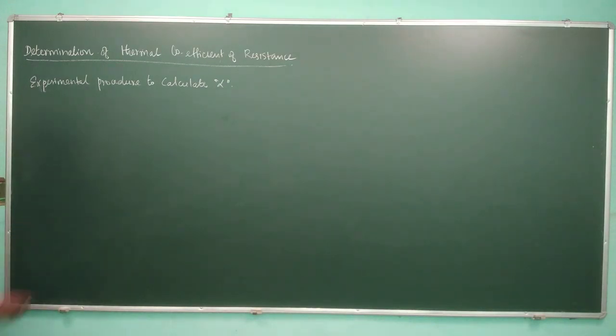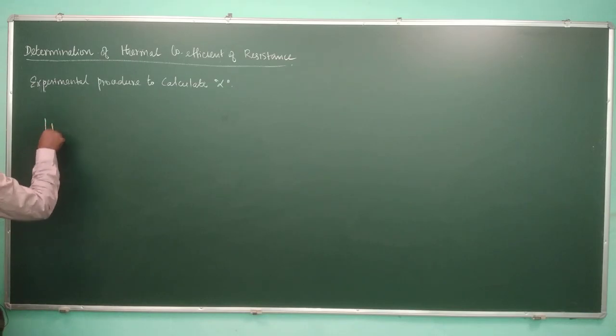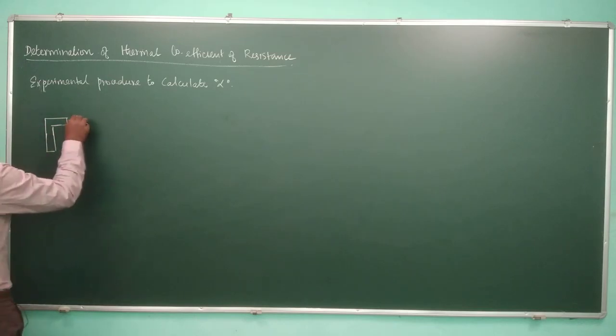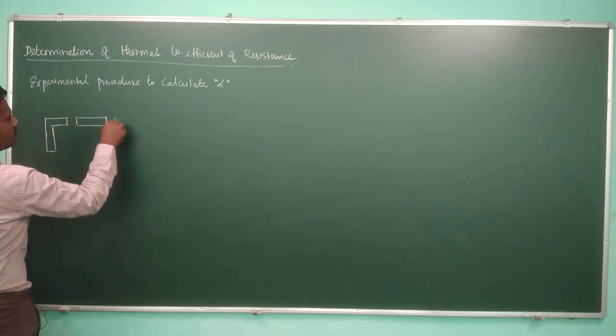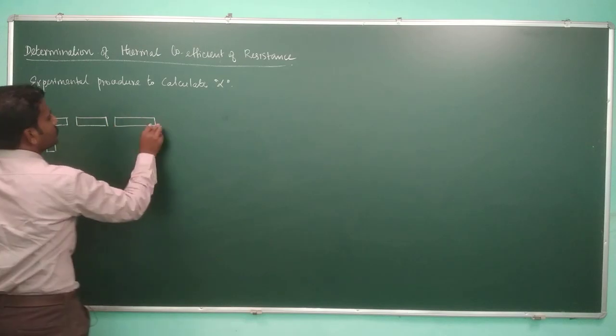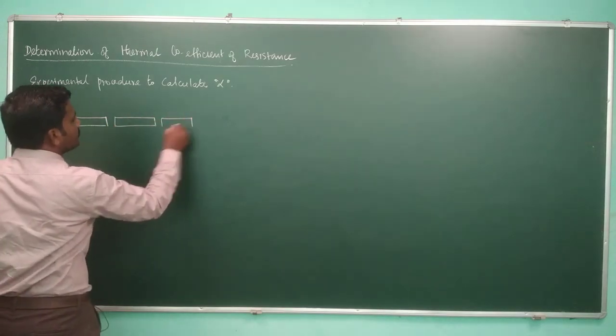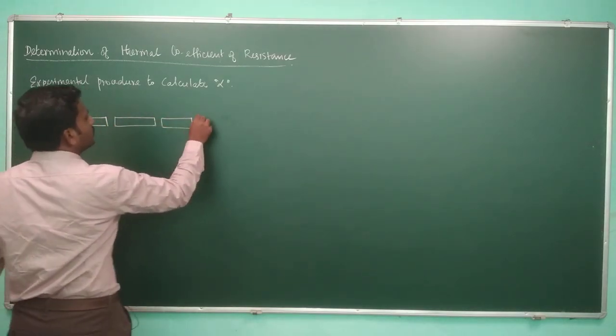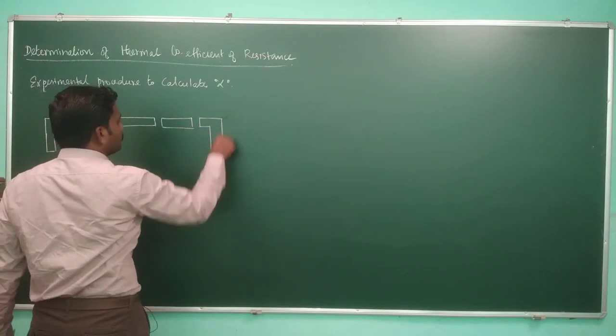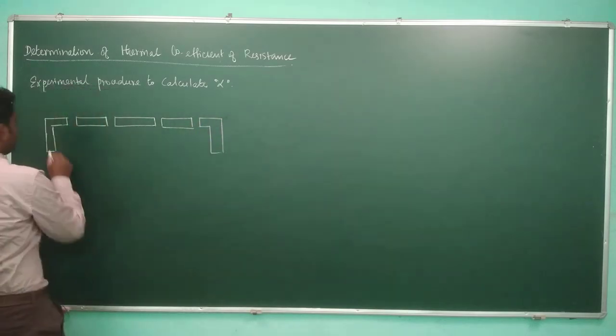For that, let us construct a Carey-Foster bridge. Hope you remember how to construct the Carey-Foster bridge that we discussed in the previous lecture. If you have any doubt on it, you may refer to that.